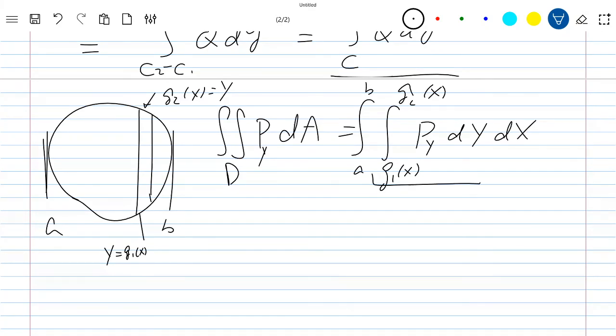Then this part becomes the integral from a to b of P of top minus P at bottom, g1(x).